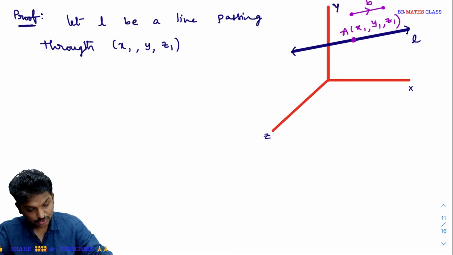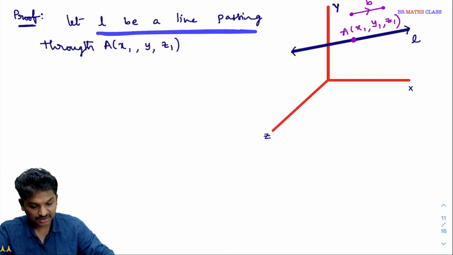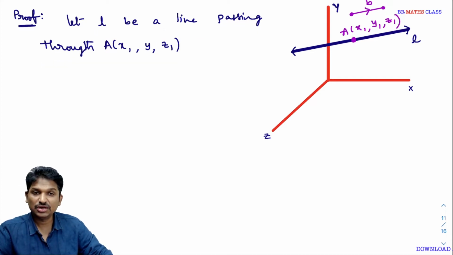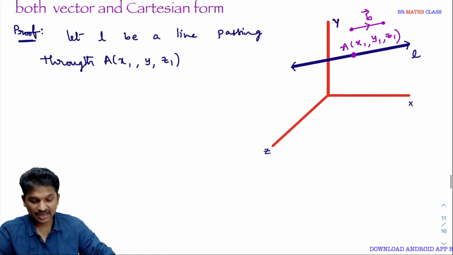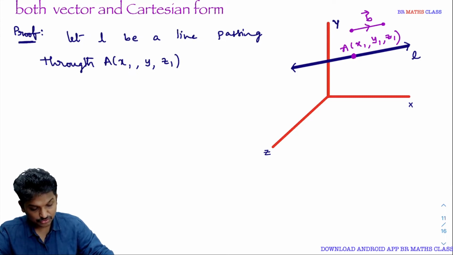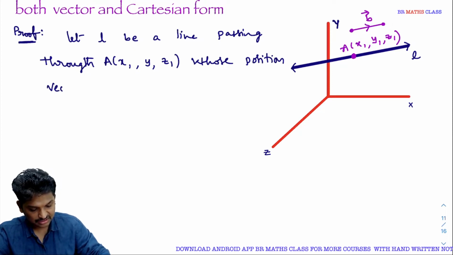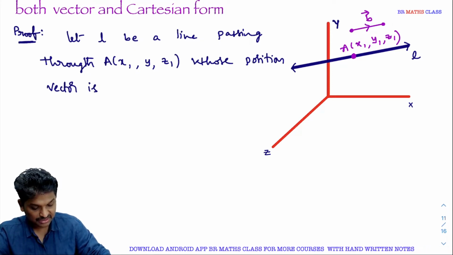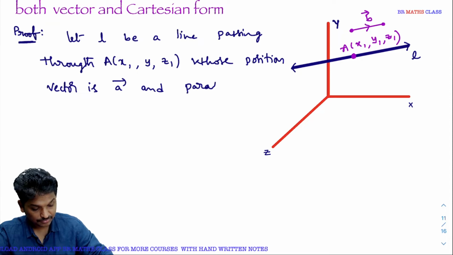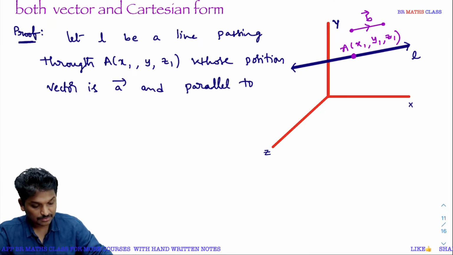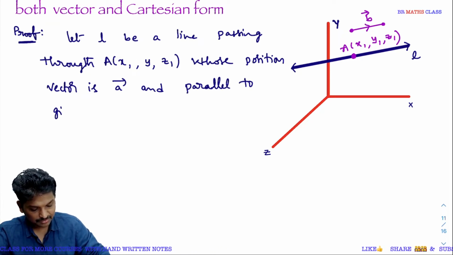Passing through point A. I'll name that point as A. Let L be the line passing through point A, x1 comma y1 comma z1, whose position vector is A bar, and parallel to the given vector b bar.